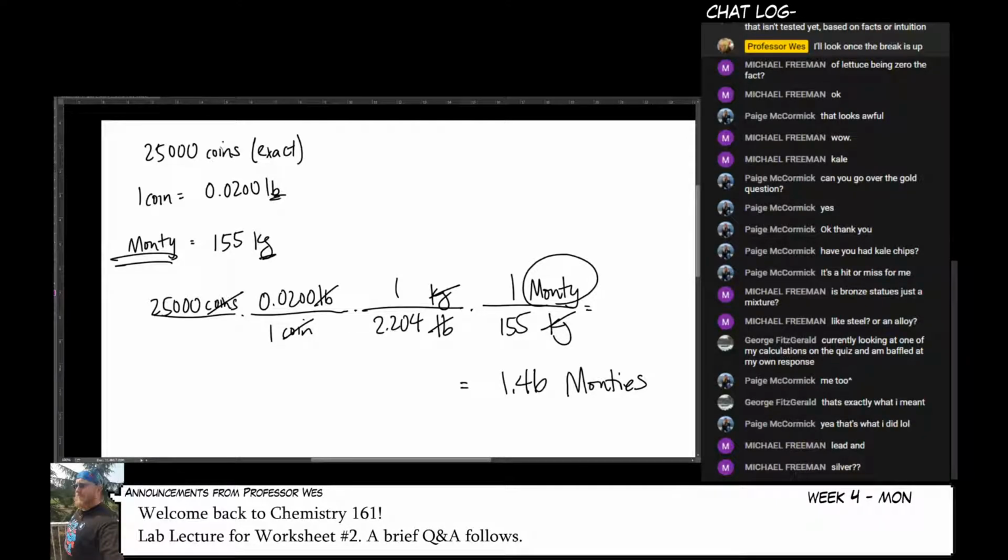All right. Other questions? Pewter alloy. No, I'm just curious here. It says mostly tin, antimony, copper, bismuth, and sometimes silver.